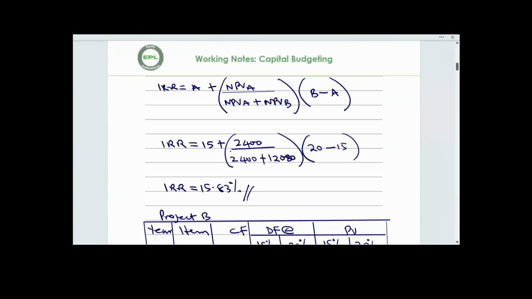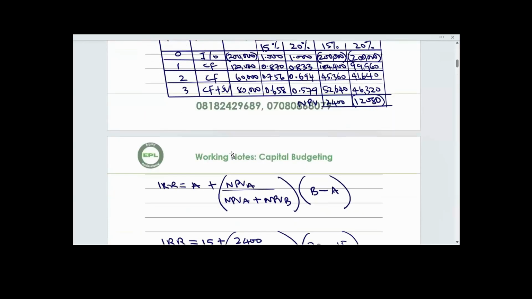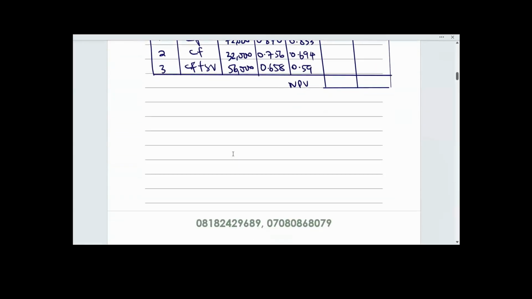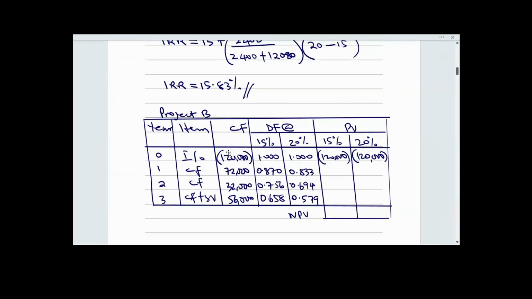Year 3 is 0.579. Okay, so let's get the present value for year 1 cash flow at 15%.